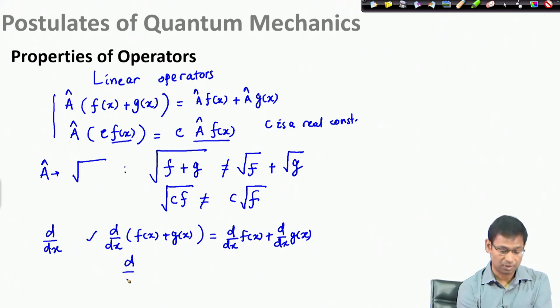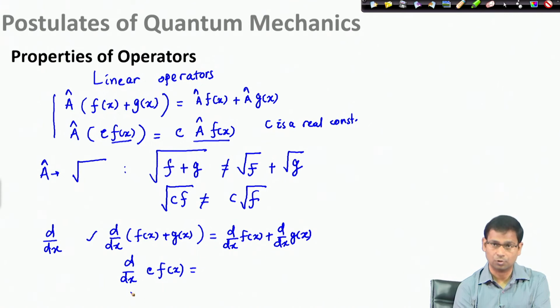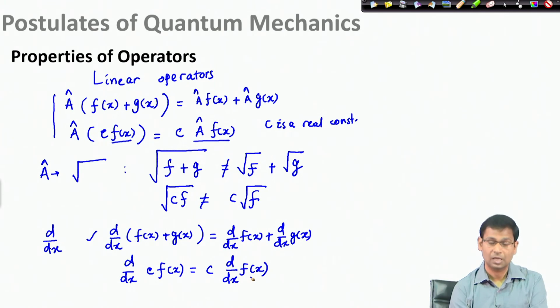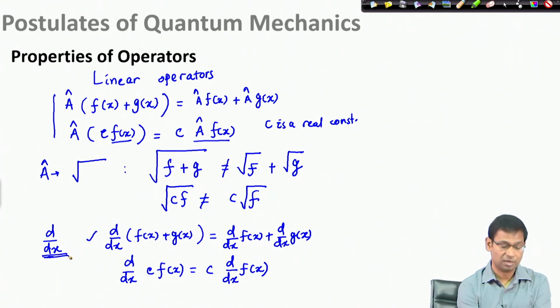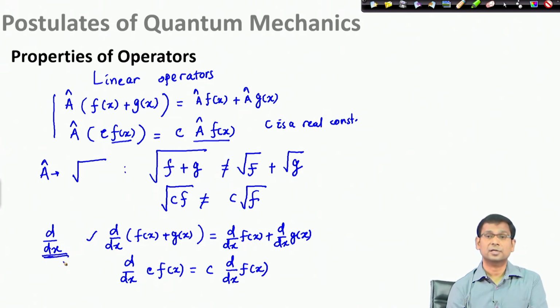So, let us look at what happens to the second one. If I multiply by c, then I know c is real and c is also a constant, so it is independent of x. So, therefore, I can bring c out of the differentiation. So, therefore, the operator d by dx is actually a linear operator.